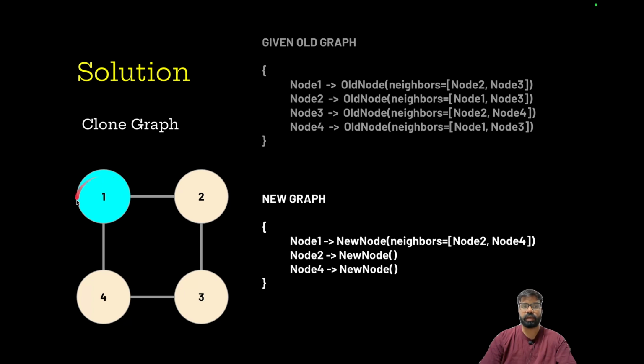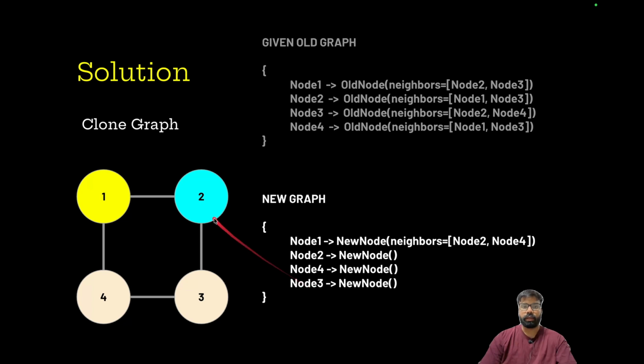In the DFS traversal, we will move to the next node, which is node 2. On node 2, we have node 1 and node 3 as the neighbors, and node 2 is already there in our new graph. Node 1 and node 3 should also be there. We know that node 1 is there, but node 3 is not there, so we are going to add node 3.